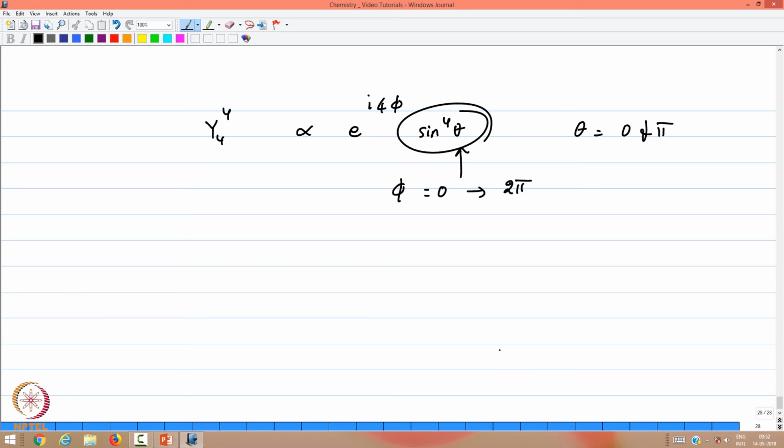Please remember, when we plot the cos and sine, there are 4 nodes. If we take the cosine 4 phi sin 4 theta, the real part will have at cos pi by 2 and cos 3 pi by 2 or the 2 places 2 values of theta for which the function is 0, but cos pi by 2 is the same line as cos 3 pi by 2.